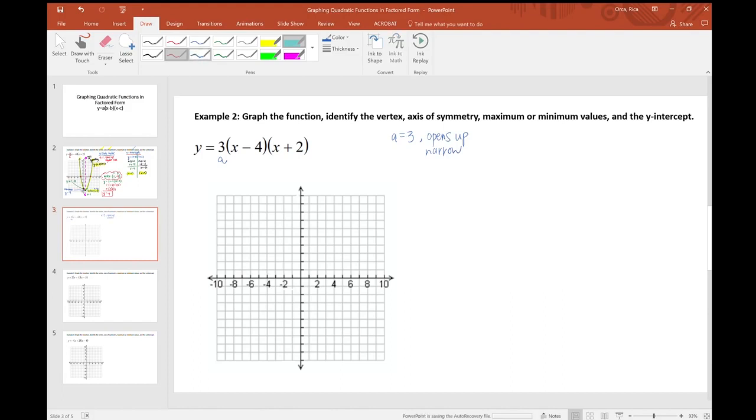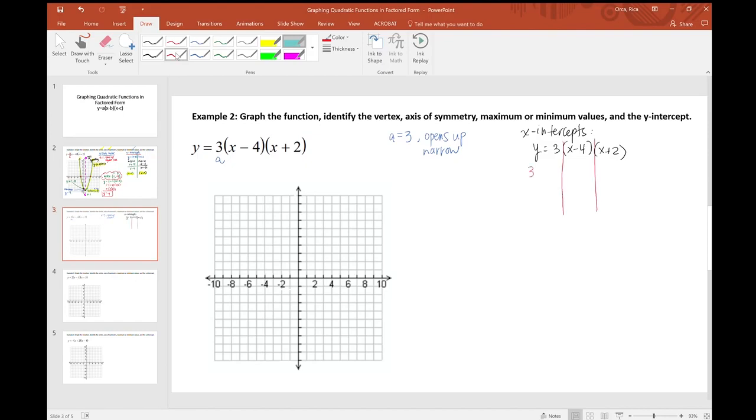Step number 2, I need to identify my x-intercepts. So I'm just going to rewrite the problem. y equals 3 times x minus 4 times x plus 2. Afterwards, I want to set each factor equal to 0.